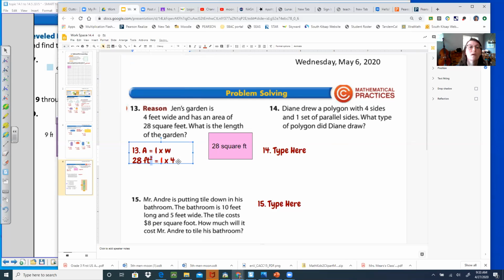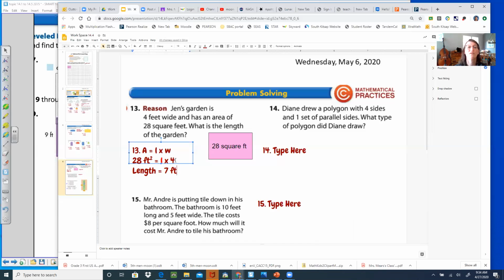There we go. So I need to think, what do I multiply by 4 to get 28 square feet? So my L, my length, I'm going to write length because that just looks too much like a 1, equals, and hopefully you were thinking, oh, I know that 7 times 4 is 28.